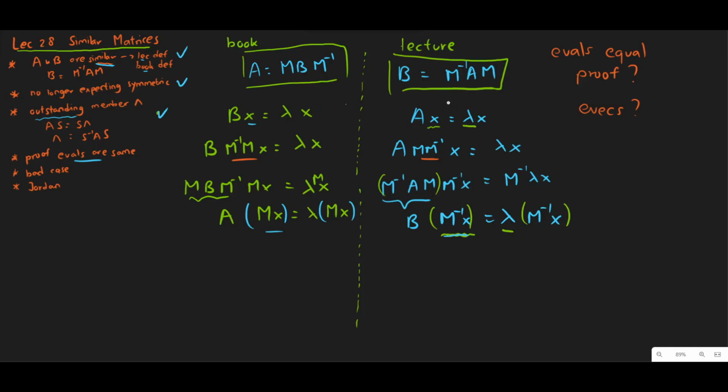I believe the book has this definition in the example or in the proof, where they said the eigenvector changes direction to MX, while in the lecture the professor mentioned the eigenvector changes to M inverse X. So let's just realize that these two are telling you the same thing. Now let's move on with a not so good example, the bad case of similar matrices. See you in part 2.